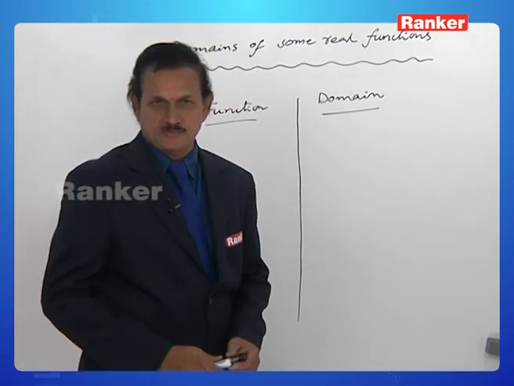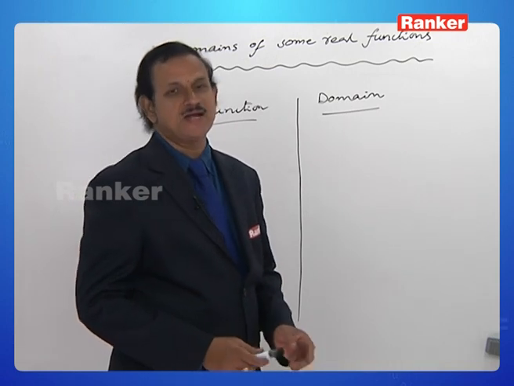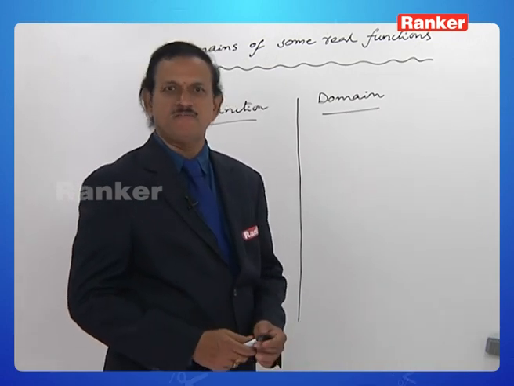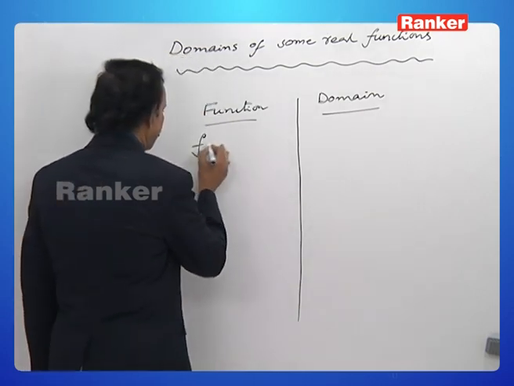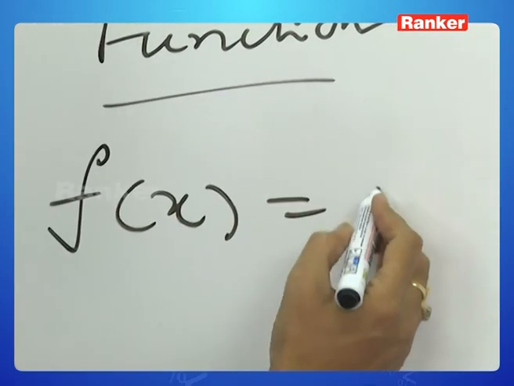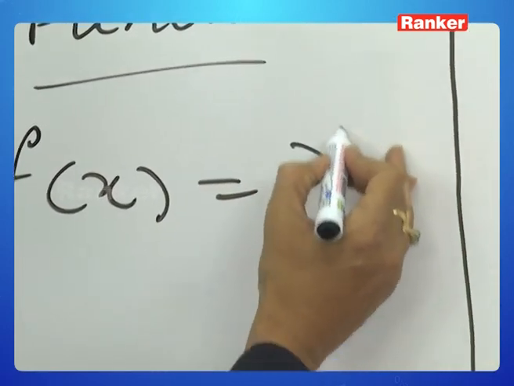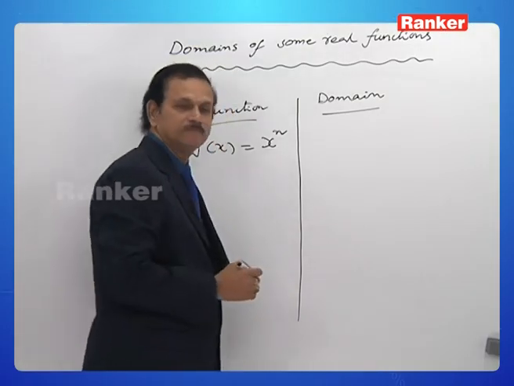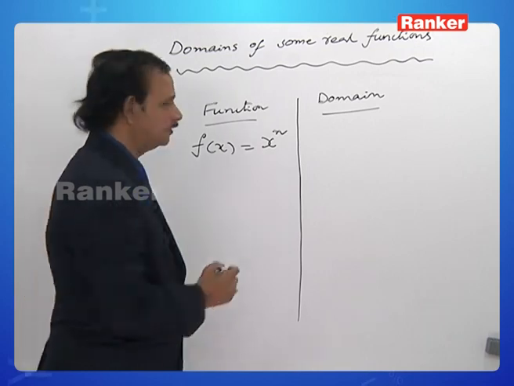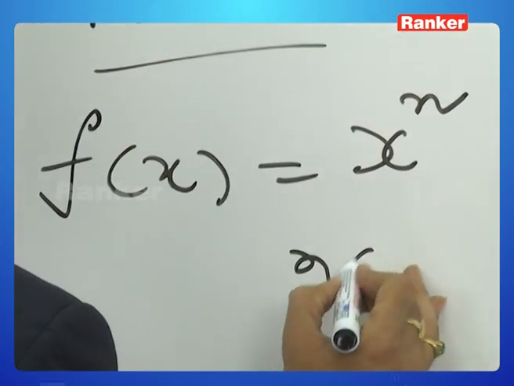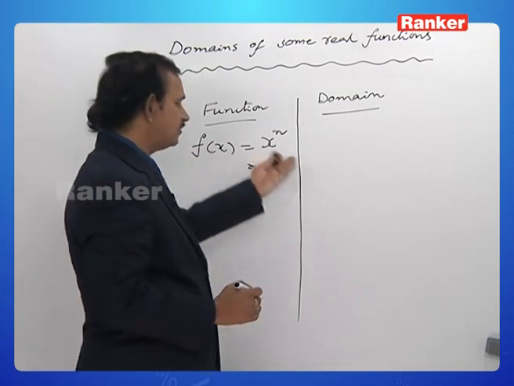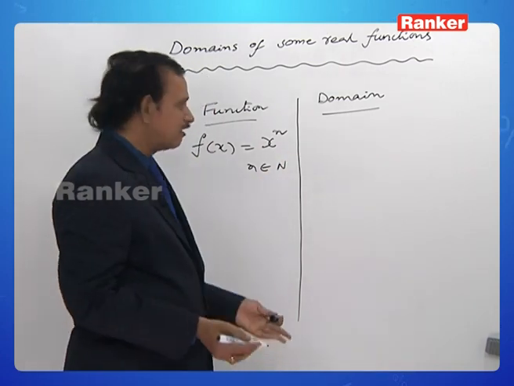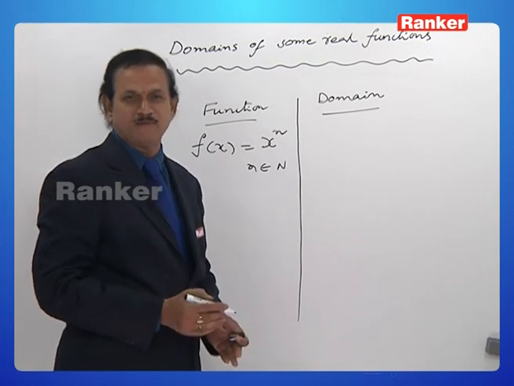Let us notice the domains of some standard, very simple functions. f of x is equal to x to the power of n, n belongs to N. To define this f of x, there will be no trouble at all for any real number.